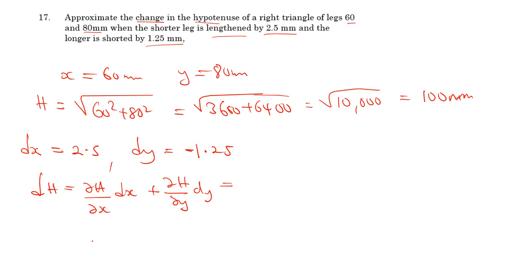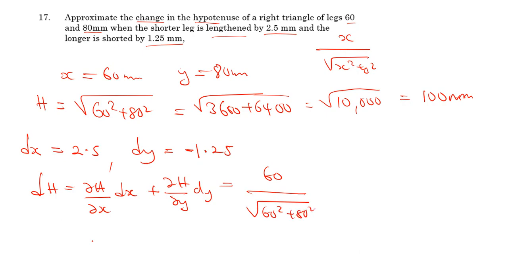I replace the first one: for x, I have my initial point, x is 60, and remember we had x over the square root of x squared plus y squared. So I have 60 over the square root of 60 squared plus 80 squared, multiplied by my dx, which is 2.5.